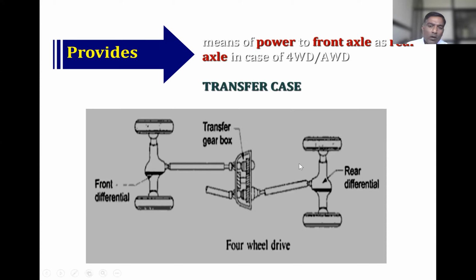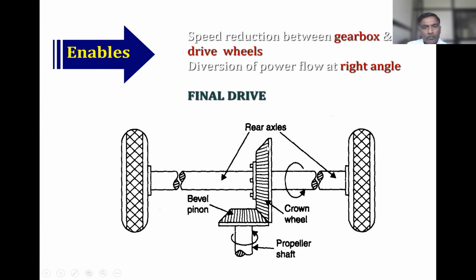So to get power at two front wheels and two rear wheels, a transfer case is used, and this heavy structure is used in case of four-wheel drive and the all-wheel drive. Okay. Then next requirement is to transmit power at 90 degree.